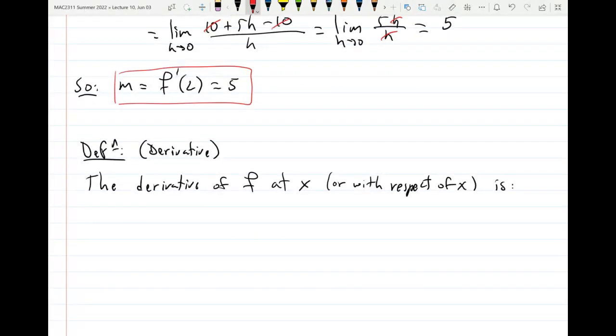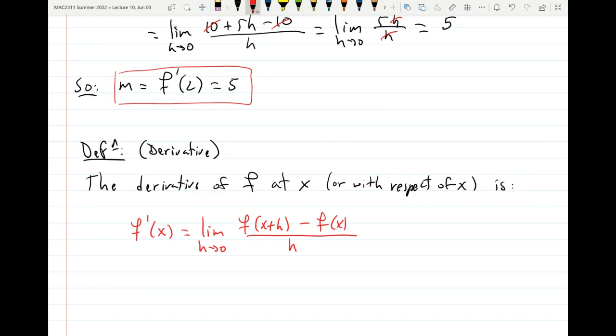The notation that we're going to use is typically this prime notation. So we put f or whatever the function is, and then a prime. f prime of x, and this is just the limit as h approaches 0 of the difference quotient, f of x plus h minus f of x over h.